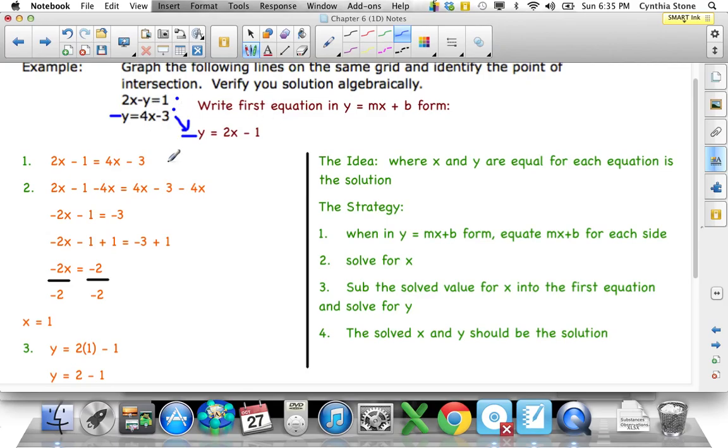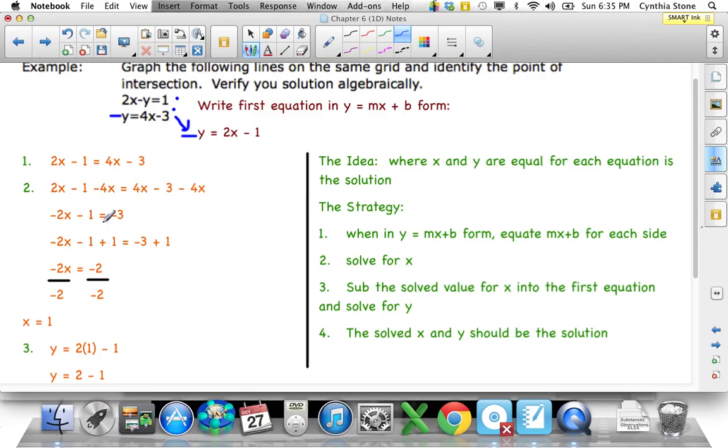And then I rearranged it. The first thing I did was get all my x's onto the left by subtracting 4x from both sides, and I ended up with minus 2x minus 1 equals minus 3. 2x minus 4x is minus 2x, that's how I got that, and the 4x's cancel.